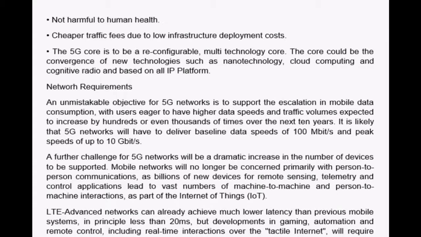A further challenge for 5G networks will be a dramatic increase in the number of devices to be supported. Mobile networks will no longer be concerned primarily with person-to-person communication, as billions of new devices for remote sensing, telemetry, and control applications lead to a vast number of machine-to-machine and person-to-machine interactions as part of the Internet of Things (IoT).